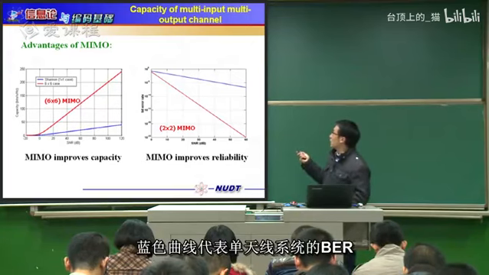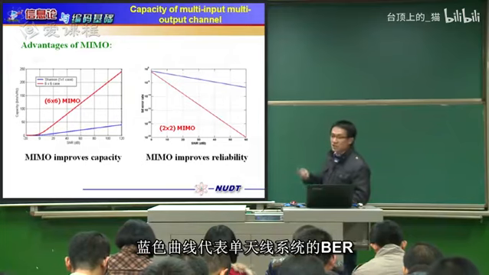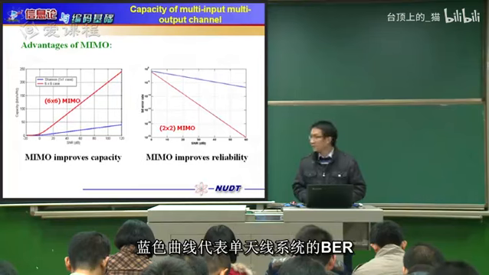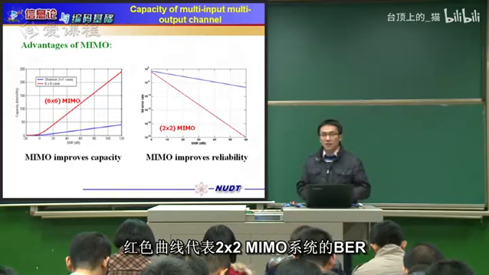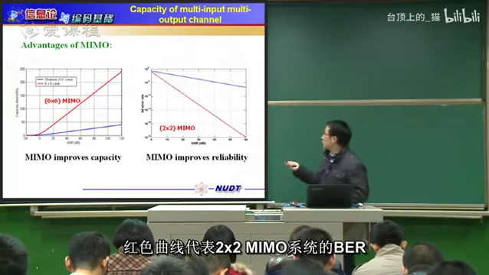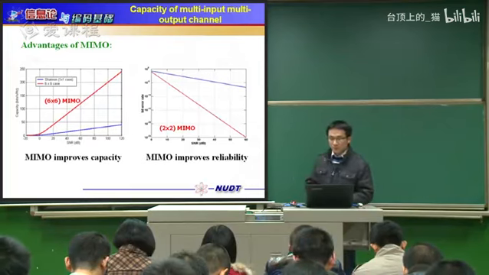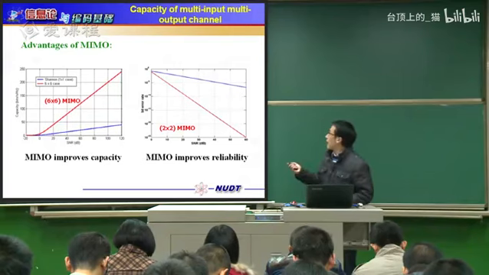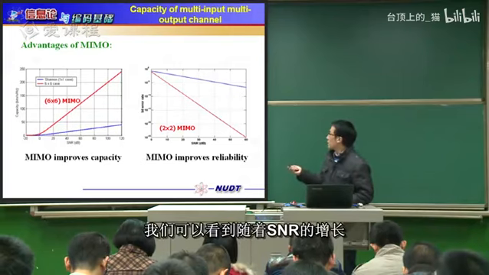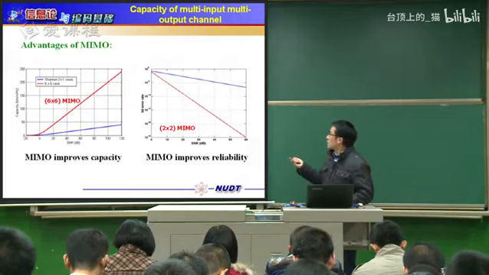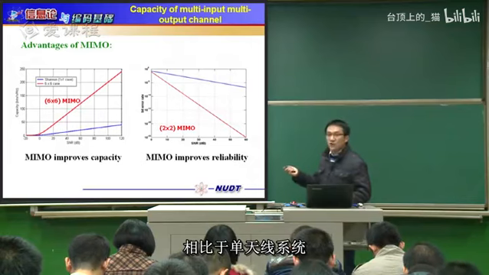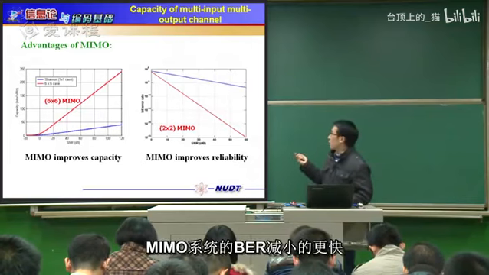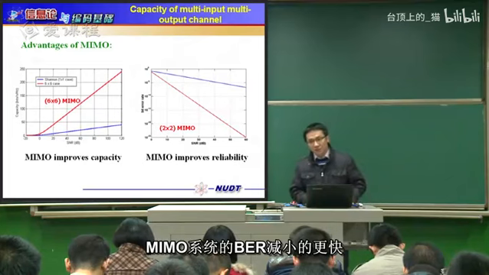The blue curve is the bit error rate for the system with a single antenna, and the red one is the BER for a 2x2 MIMO system. We can see that with the increase of SNR, the BER of the MIMO system reduces faster than that of the single antenna system. Okay?